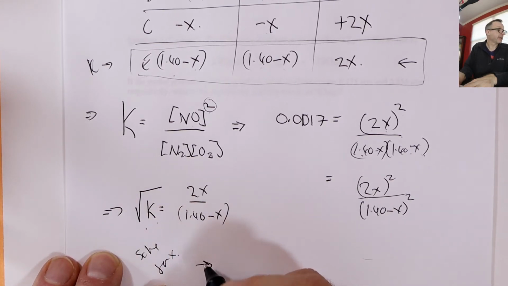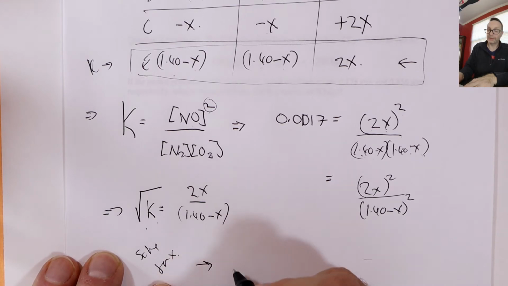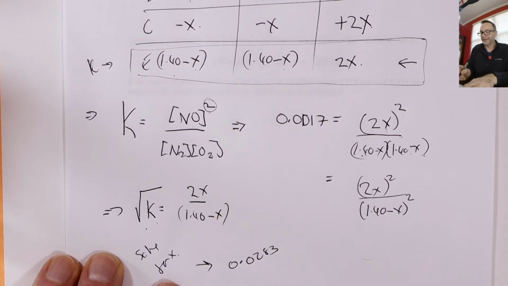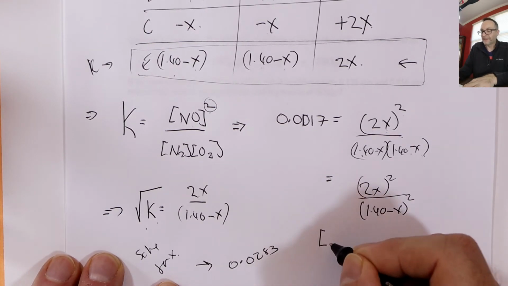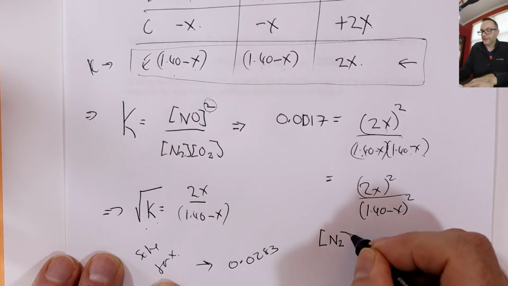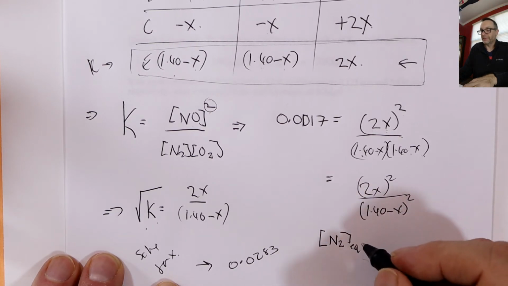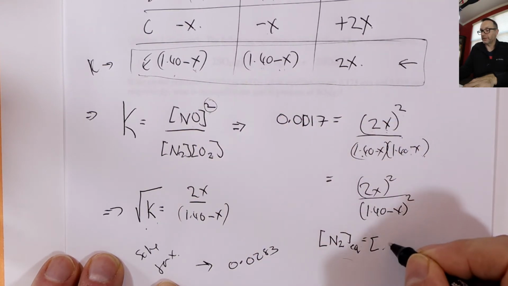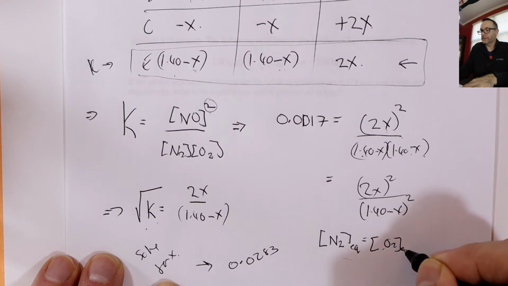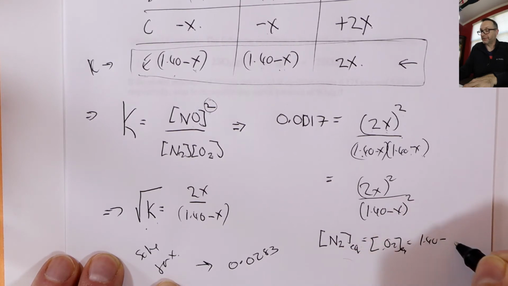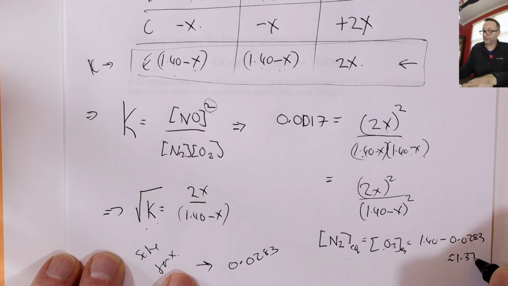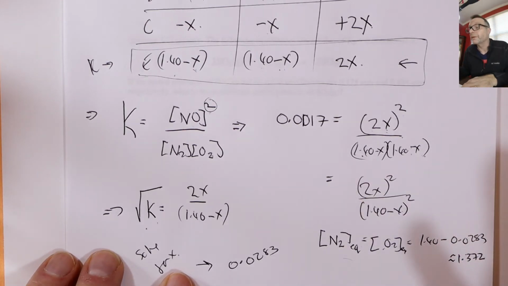And if you work it through, what did I get? x equals, try it, 0.0283. Therefore the equilibrium concentration of N2 is the same as the equilibrium concentration of O2, which equals 1.40 minus 0.0283, approximately 1.372, whatever the units are, moles per liter.